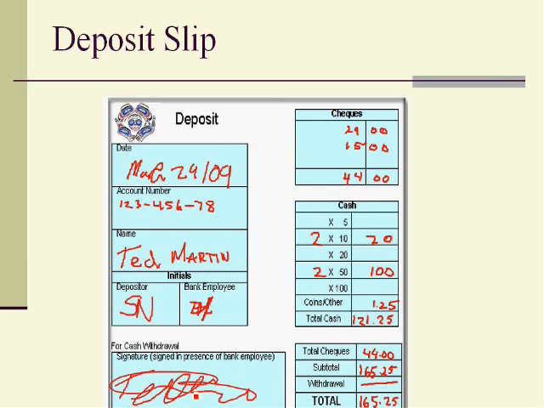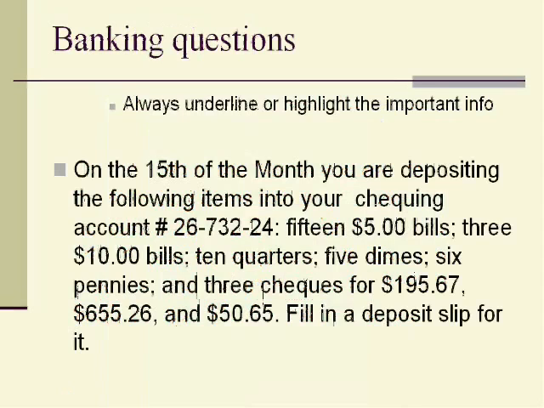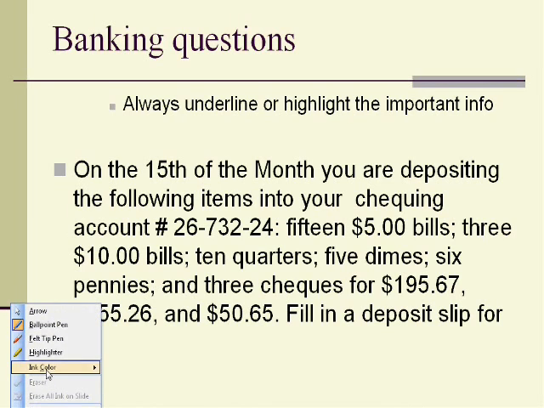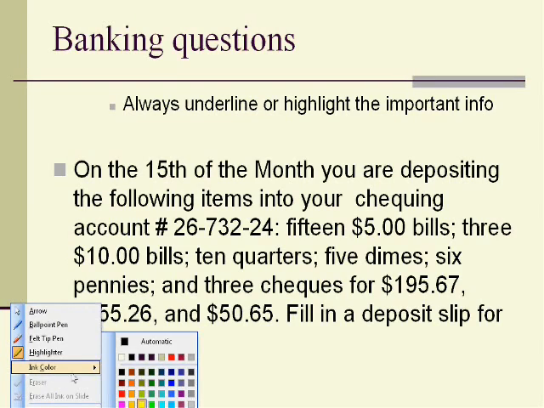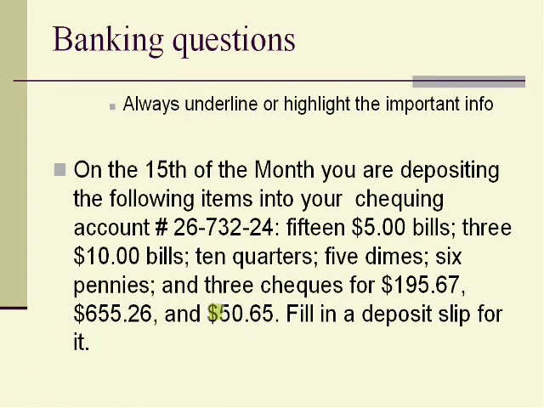So, banking questions. Important thing here is to always underline or highlight the important information that you're going to need. So, first off, with my highlighter, I'm going to highlight in green the money. Starting at the end, actually, I'm going to go backwards. I have 3 checks for $195.67, $655.26, and $50.65.